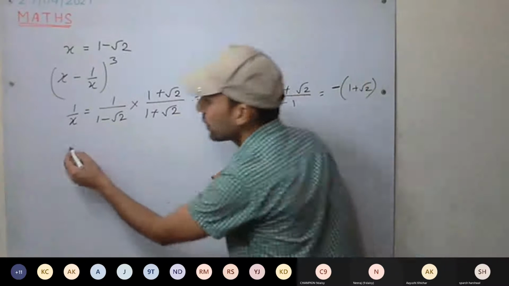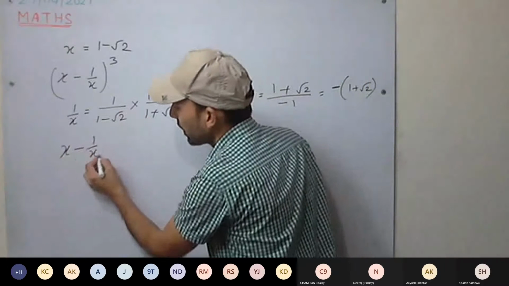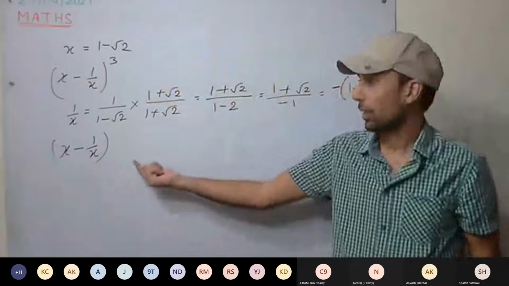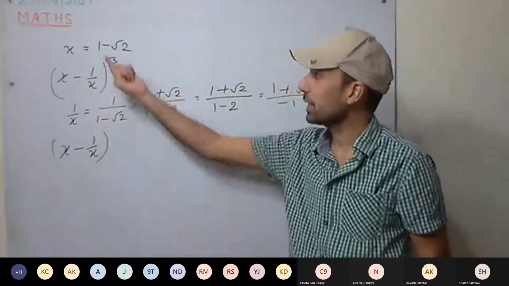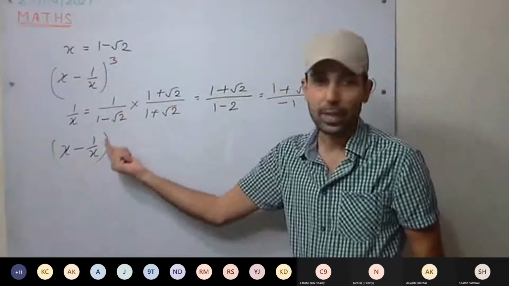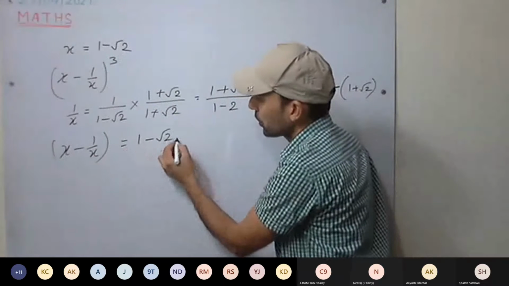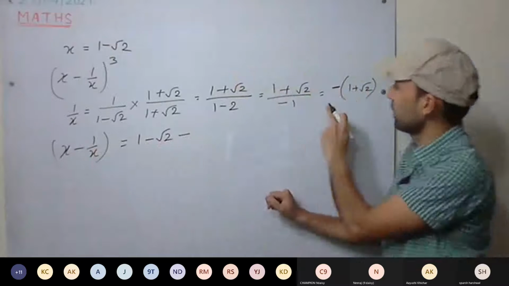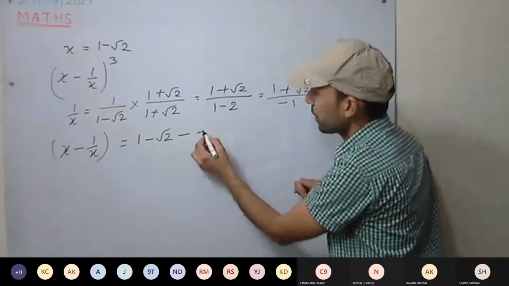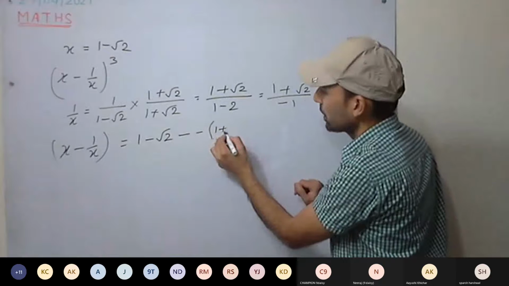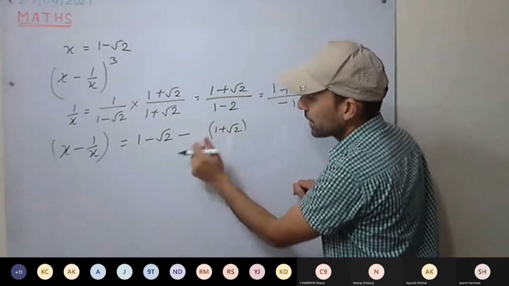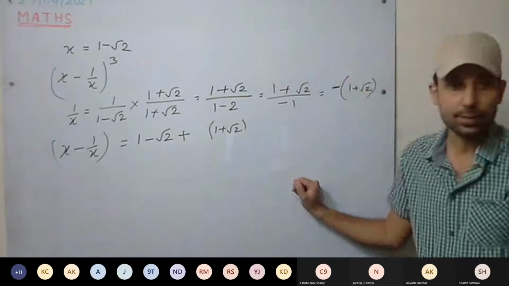Okay. Now we will calculate x minus 1 upon x. 1 upon x we have calculated, x we have. X minus 1 upon x we will calculate. What is x? 1 minus root 2. Minus, again, minus 1 plus root 2. So minus minus it will be plus.